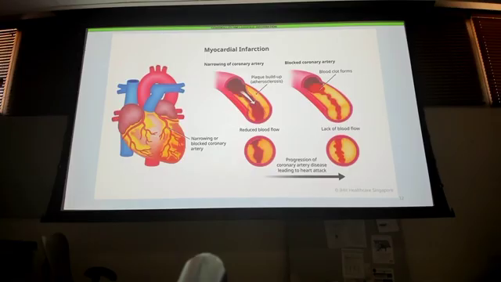That's stable angina, that pattern of predictable chest pain or symptoms. But now I disrupted the plaque, and now I get this acute occlusion. You can see in this graphic where the clot forms, and now blood is not getting through that. And now you have the development of your acute coronary syndromes.